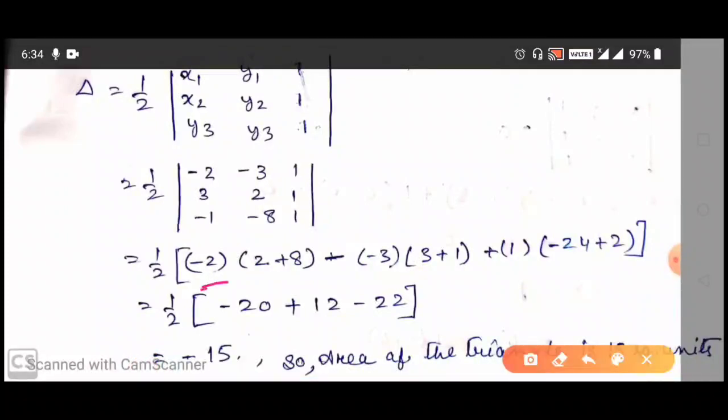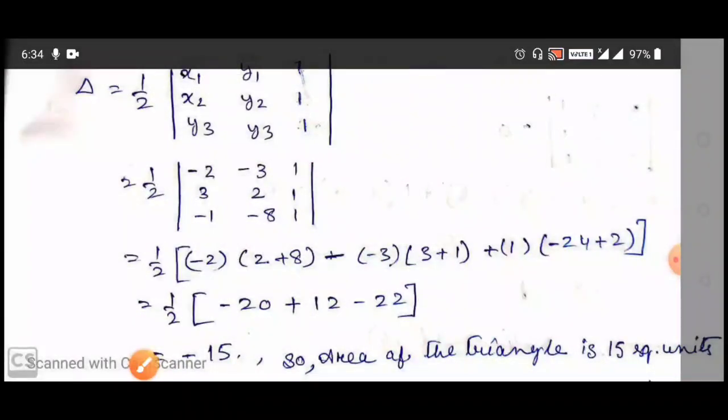That's why here we have written minus 2, minus 3 and 1. So we have done the expansion along row 1. After doing the calculation, our answer is minus 15. Since we know area of the triangle can never be negative, we will take the absolute value. So the area of the triangle is 15 square unit.